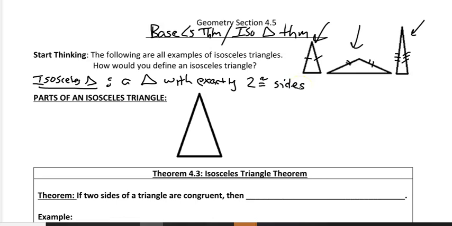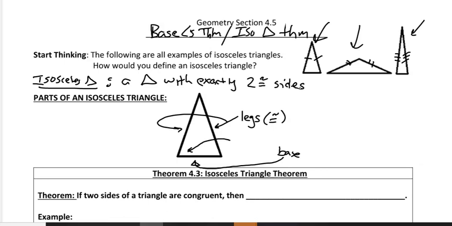So here's an example of an isosceles triangle. What we are going to do is look at its anatomy. We know that this side and this side are called the legs. Down here is called the base. So the legs are going to be your two congruent sides. The base is the side that is not congruent to the other ones.